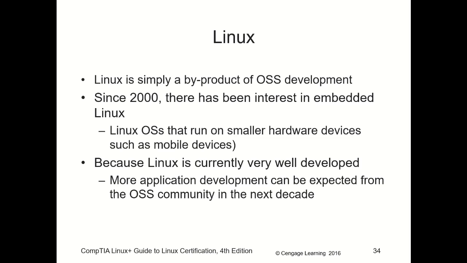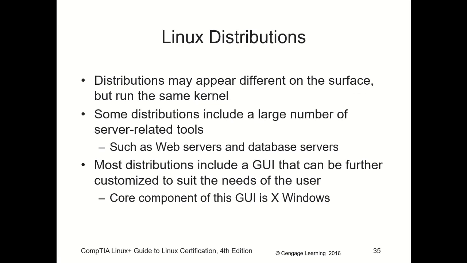Because Linux is currently very well developed, more application development can be expected from the open source software communities in the next decade. Distributions may appear different on the surface but run the same kernel.